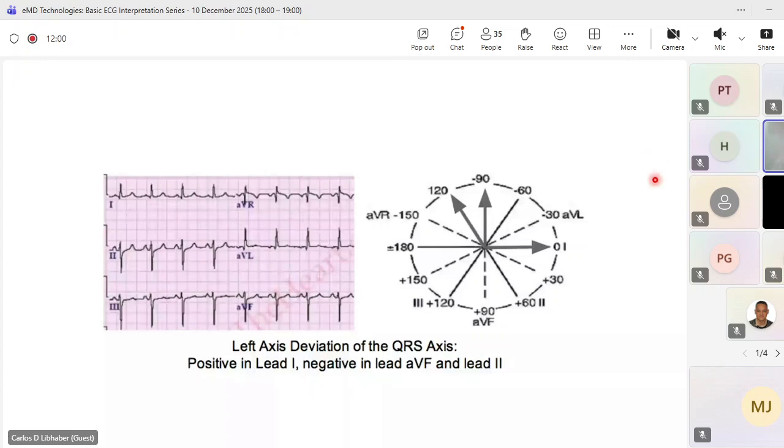It's more negative than 0, and it's definitely quite negative in lead 2. That means that it's going away. If it's in that area, that means what we call left axis deviation.